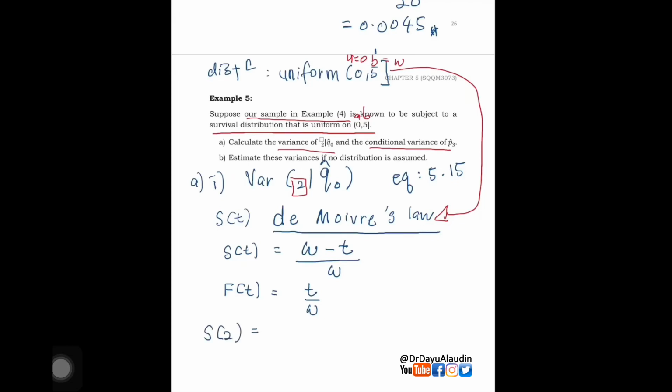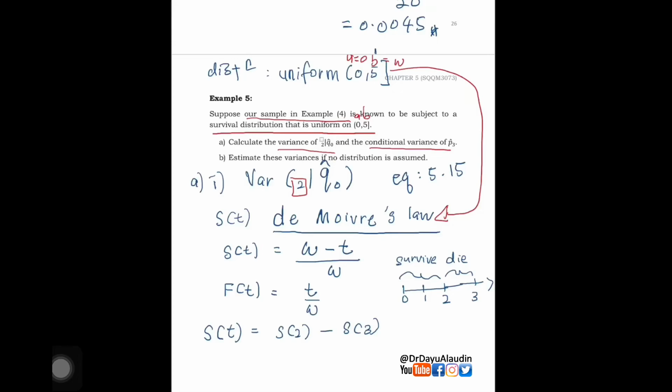S2 is for one interval, from 0 survive to 3 die. So S2 minus S3. Sorry, here is S(t).